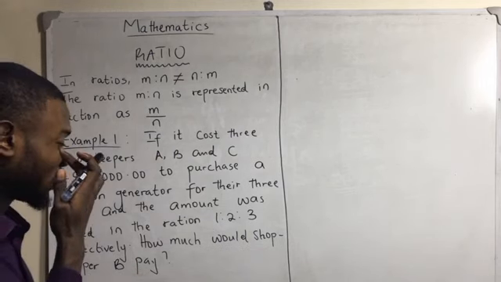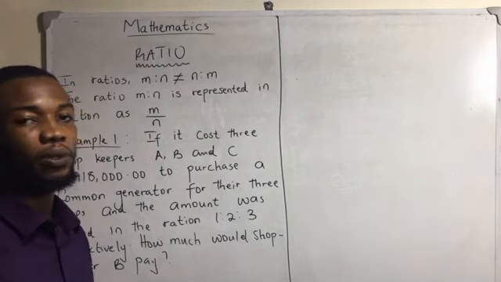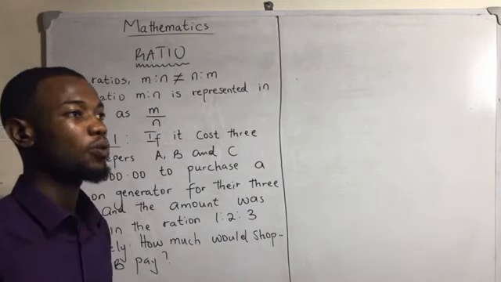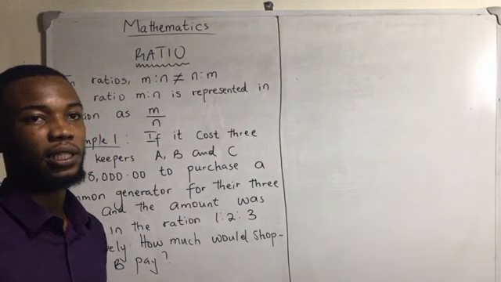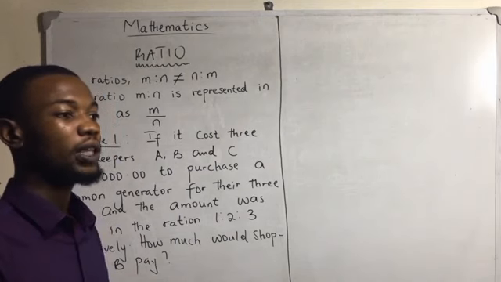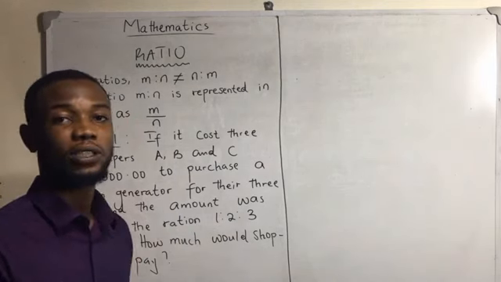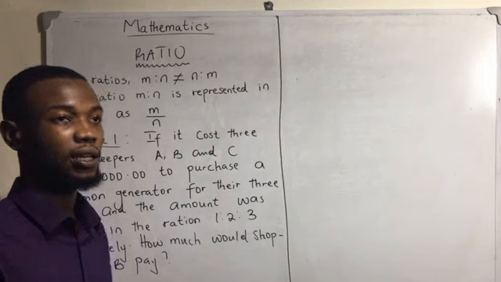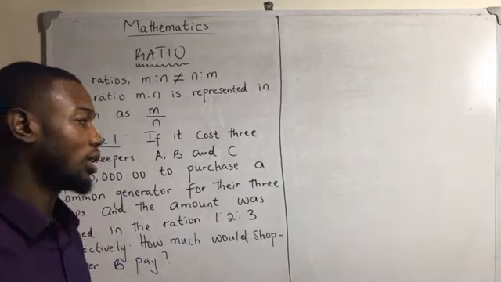Now, this is what happened. In ratio, I told you that we compare 2 or more quantities together. Let's say, for example, we have 3 shops A, B, C. Shop A only makes use of the lighting, which is the bulb. Shop B has a refrigerator, and shop C has a big engine which consumes light.